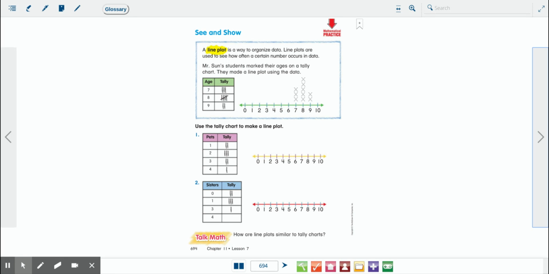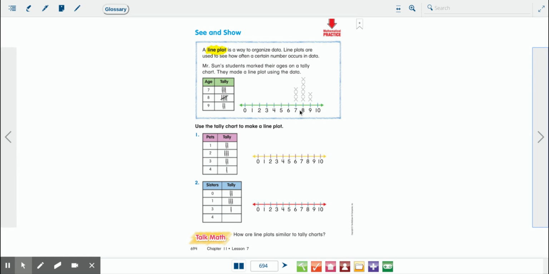So they had some 7-year-olds, some 8-year-olds, and some 9-year-olds. What age has the most? Well, I look at that and I can see very quickly and easily that there are more 8-year-olds than anything in Mr. Sun's class.